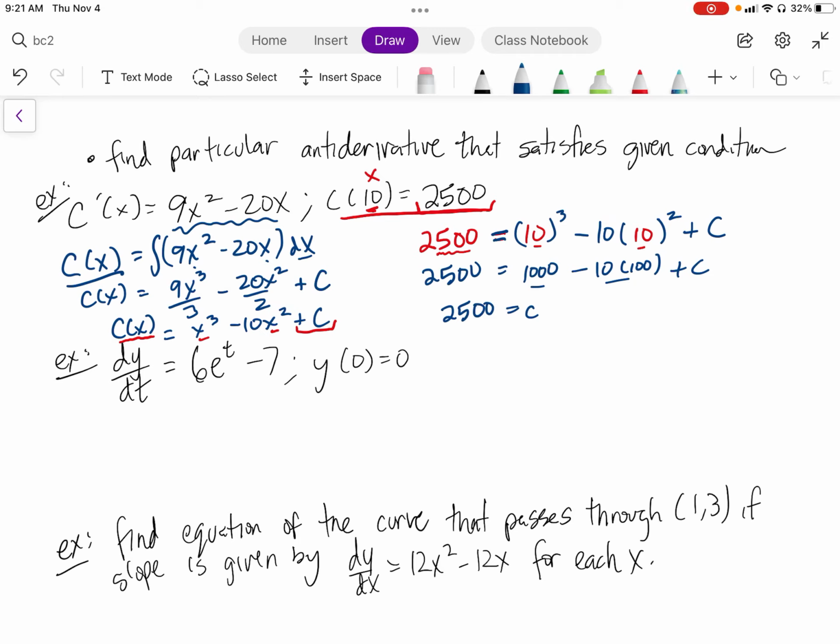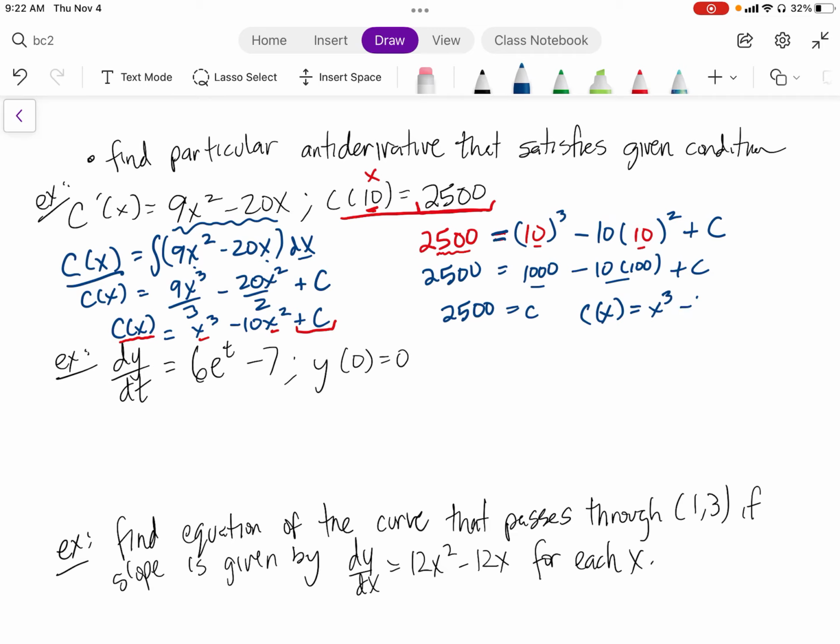So the particular, what does that mean? Well, the particular antiderivative means, what is this function? I have enough information to find the entire function. I don't need to leave this plus C, I don't need to leave the constant. It's not unknown because I'm given information to finish it out.